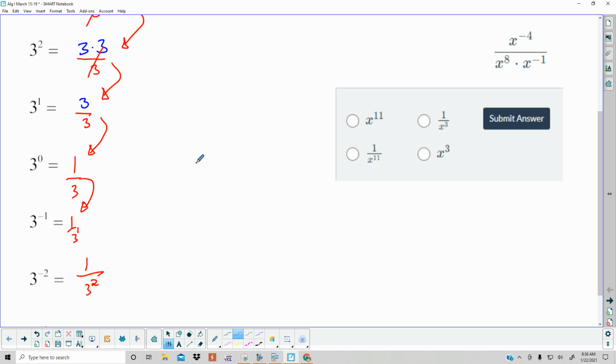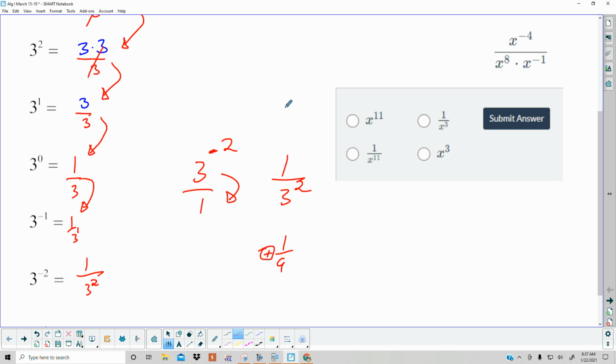So a negative exponent upstairs means take the sucker to the bottom and make the exponent positive. So you get 1/9. That's all it means. It doesn't change the sign on the number. It's still positive. This exponent that's negative has nothing to do with the sign on the number. Okay? In other words, it says take the reciprocal of it.